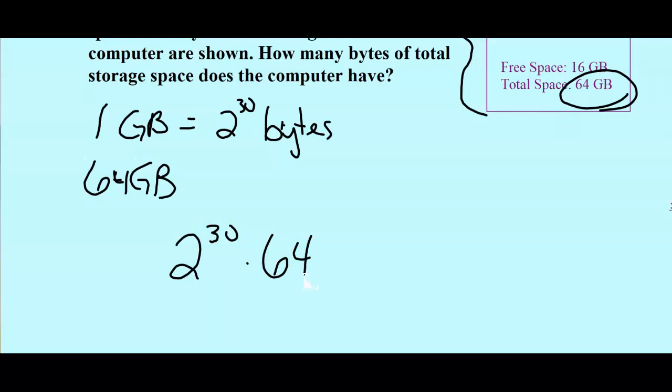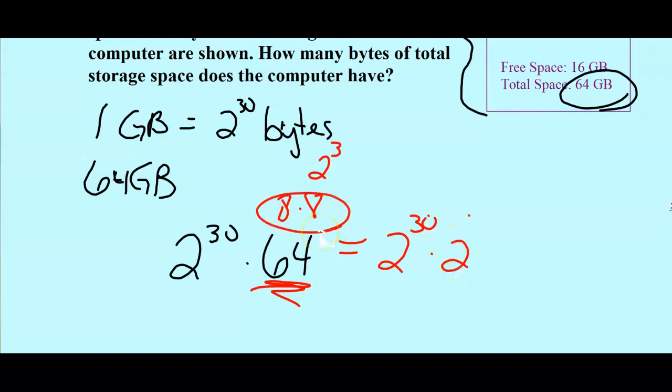If we're really good at our multiplication, we know that 64 is the same thing as 8 times 8, and we also know that 8 is the same thing as 2 to the 3rd power. So what we're really looking at here is 2 to the 30th times 2 eights, and each 8 is 2 to the 3rd.